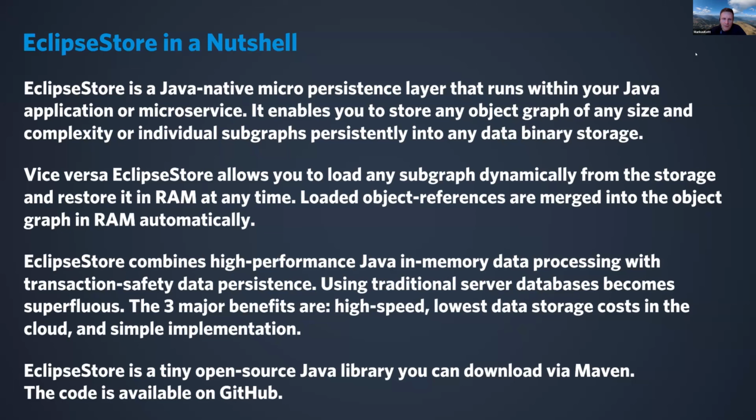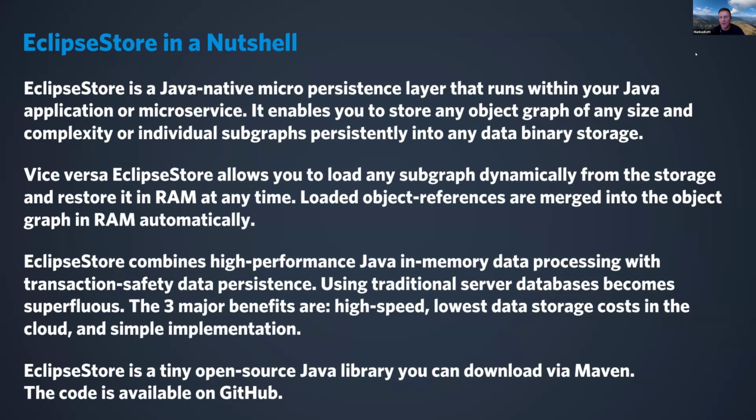Then it combines this high-performance searching in memory by using the Java Streams API with transaction safety and data persistence. Each store operation is an atomic all-or-nothing operation that is transaction safe.